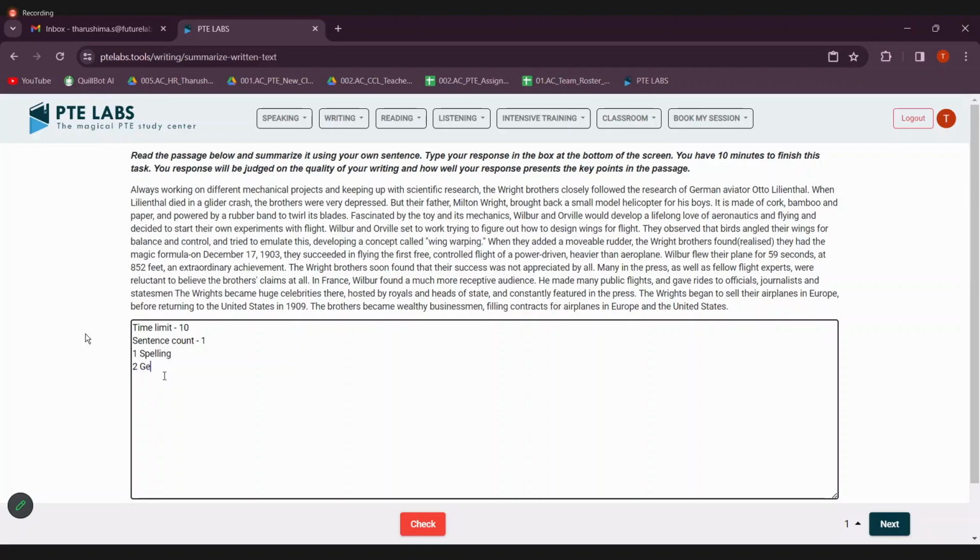Second one, grammar. Third one, written discourse. And the fourth one is vocabulary.